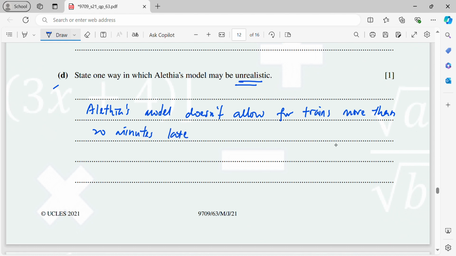Okay, or probably you can just write or does not allow for trains being early, because she is just testing on the trains late for up to 20 minutes. Okay, so that will be the solution for part D.